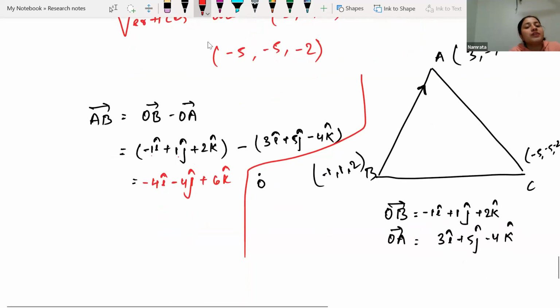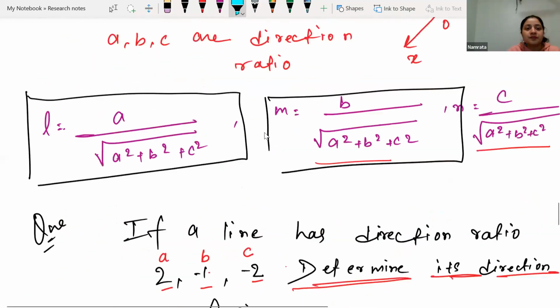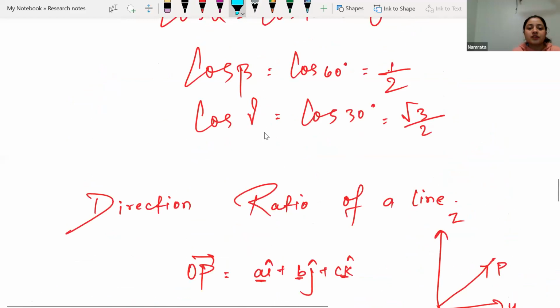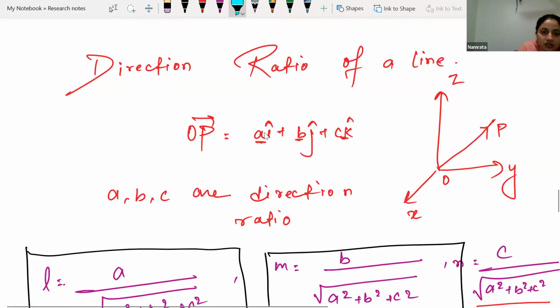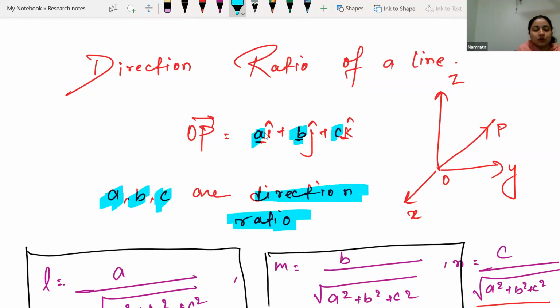Now we have just discussed direction ratio. What is the meaning of direction ratio? Whenever we have the equation of a line in vector form, these coefficients are the direction ratio. Direction ratio means nothing but just this A, B, C. These A, B, C are the direction ratio.